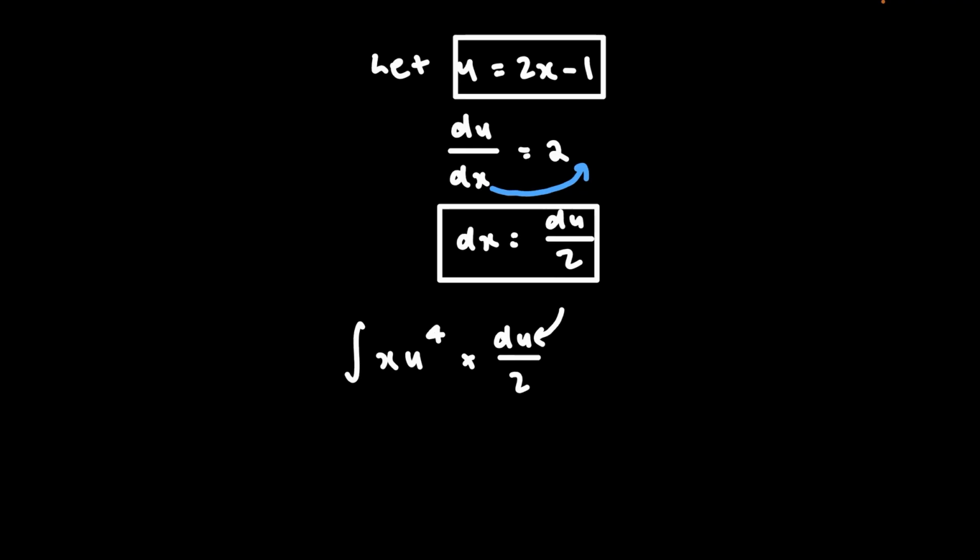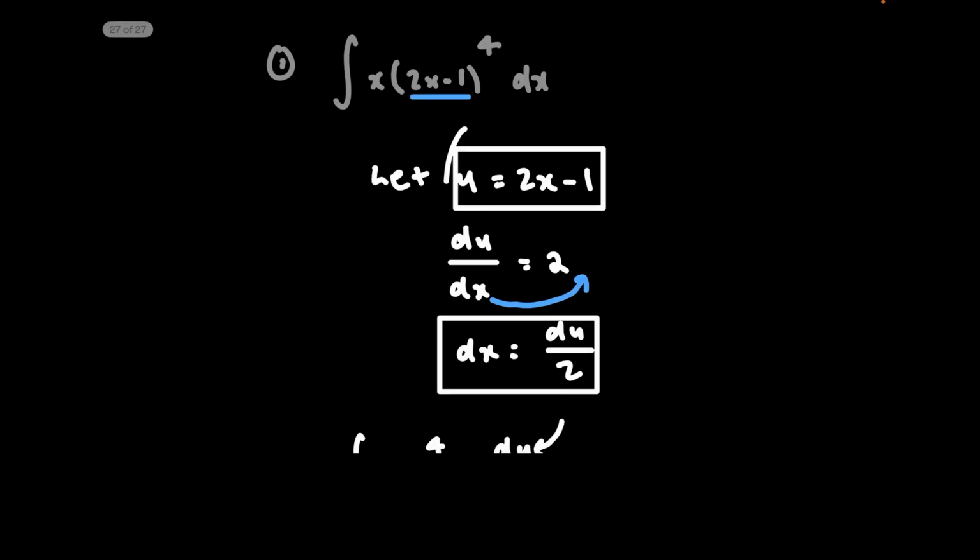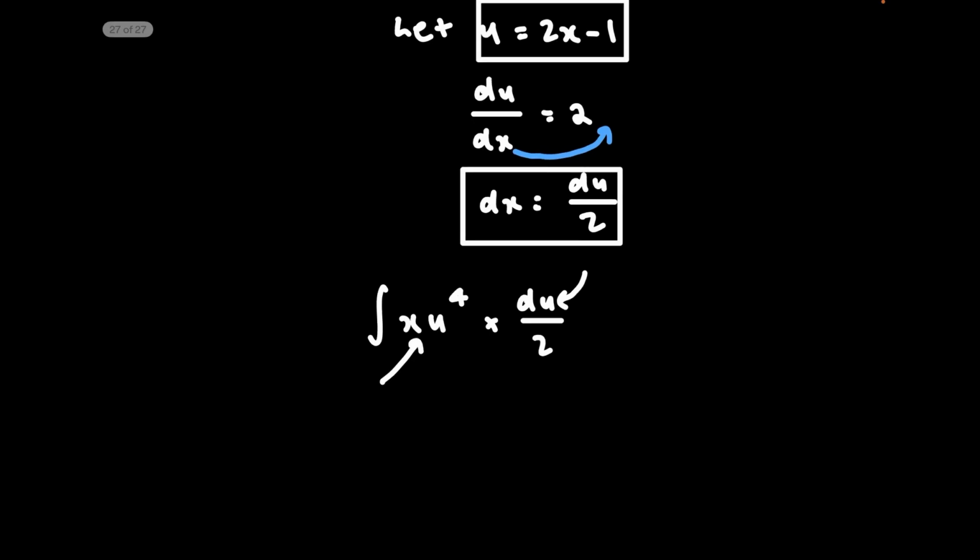The next thing I'm going to recognize is there's an x over here. Why do I have an x? Didn't we just spend all this time trying to rearrange for u? So I should have done that at the start, but you'll know in the next couple of examples why I don't actually end up rearranging for x in the first step. So I'm going to do it now anyways.